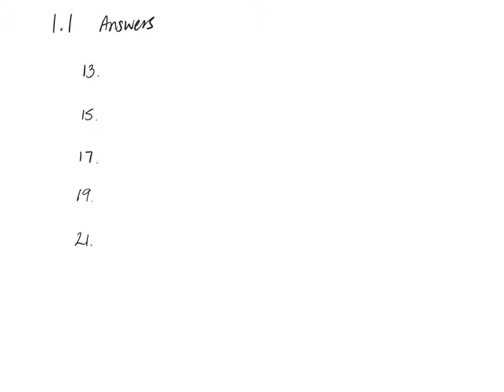So in 13, the lines that are only in plane Q, the ones that are labeled are line N and line Q, lowercase q.